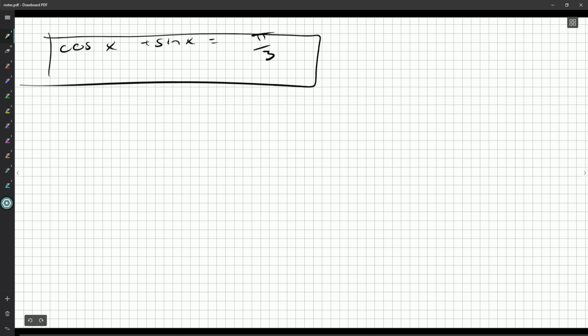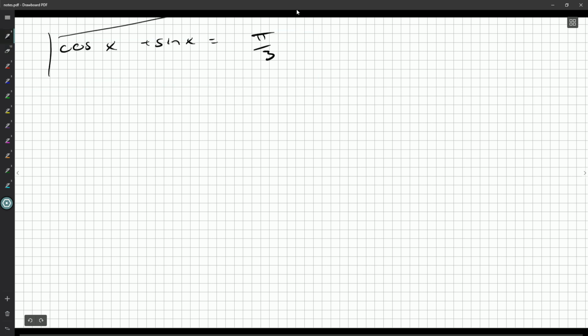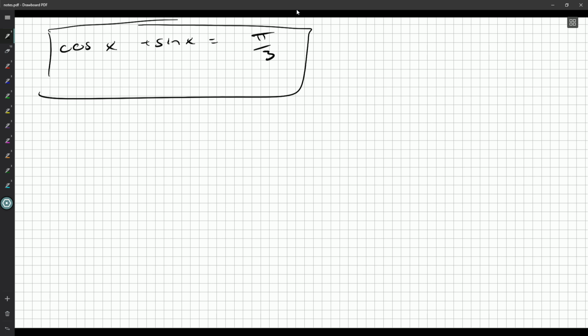So that tells me, multiply by 2, divide by 3, cos x plus sine x is pi/3. Okay, there we go. That's a nice observation, and you got rid of sort of the cos of the cos, which is useful. So the sum of the sine and the cosine is pi/3.